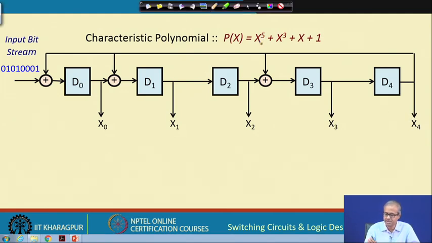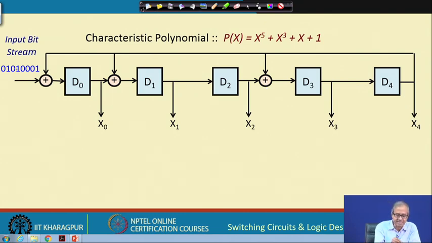These are the outputs, but in terms of the coefficients of the polynomial, you can call this x to the power 5, this x to the power 4, this x to the power 3, x square, x, and this is x to the power 0, or 1. So, feedback is taken from x to the power 5, x to the power 3 and x. You see these terms are there, and we have used a type 2 LFSR, where the XOR gates are in between the D flip flops.